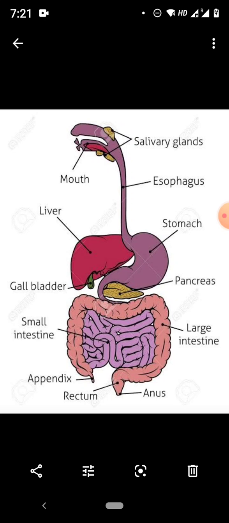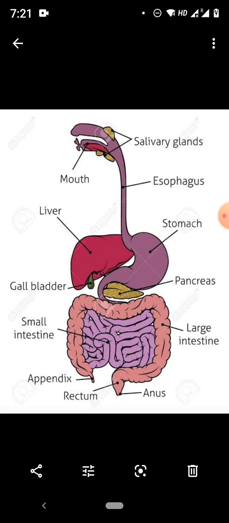The liver is a reddish colored gland which is situated in the upper part of the abdomen on the right side. Children, it is the largest gland in the body. It secretes bile juice, which plays a very important role in the digestion of fats.